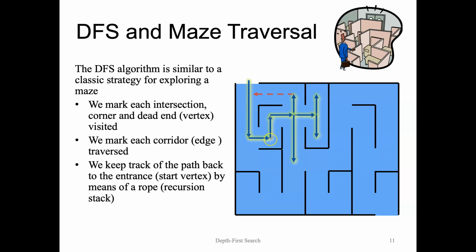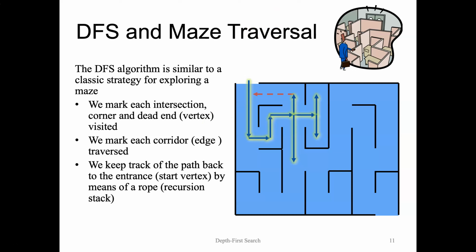And along the way, we keep track through breadcrumbs or rope which paths we've already traveled. That way, if we reach a dead end, someplace where we've already been, then we can follow those breadcrumbs back to the intersection that has an alternate way that we could go, some other path that we haven't encountered yet. So this is one way that we can think of DFS.